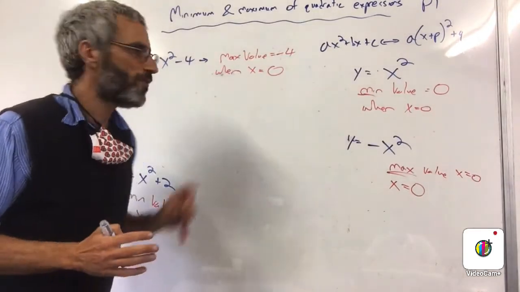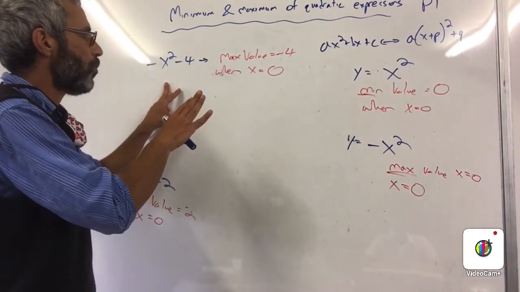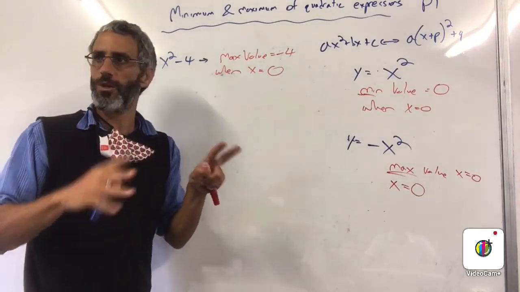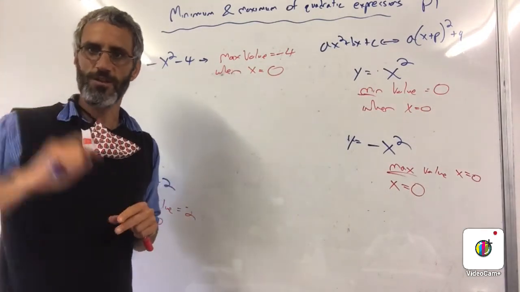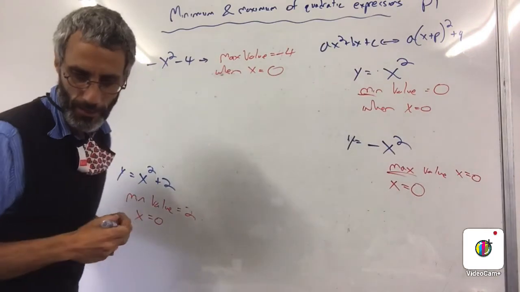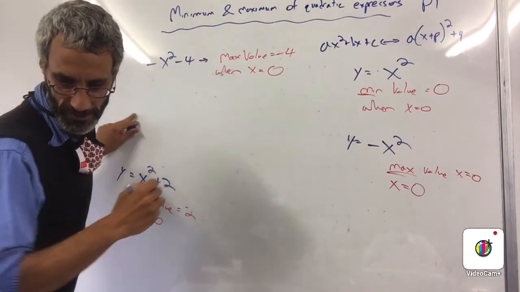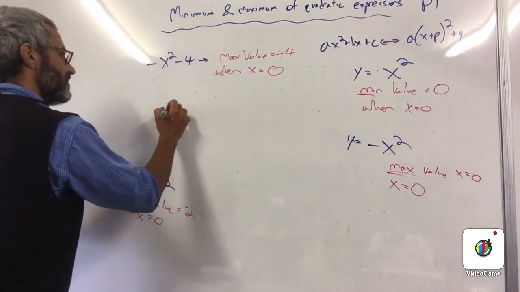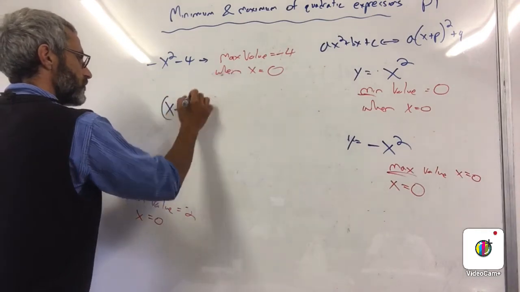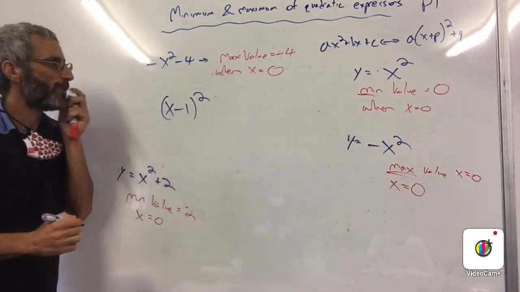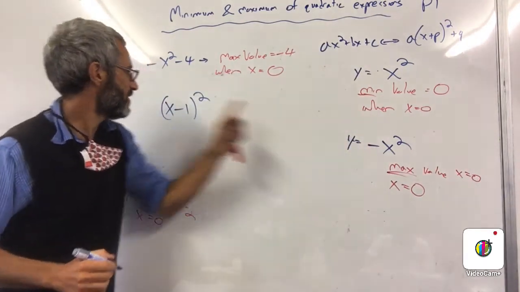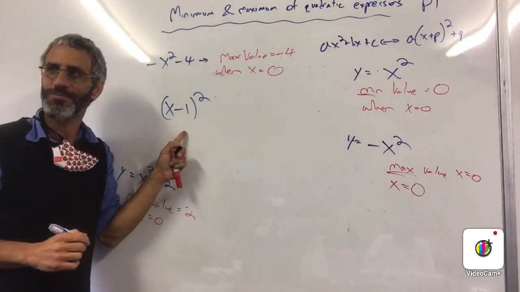So far, all these kinds of expressions we've looked at last year when we drew these parabolas, okay? But now we're going to have something a little bit different. So let's go with that. X minus 1 squared. So it's not x squared, it's x minus 1 squared.